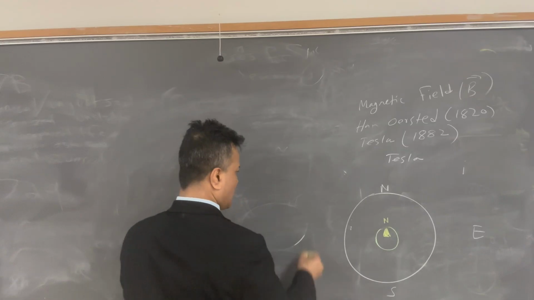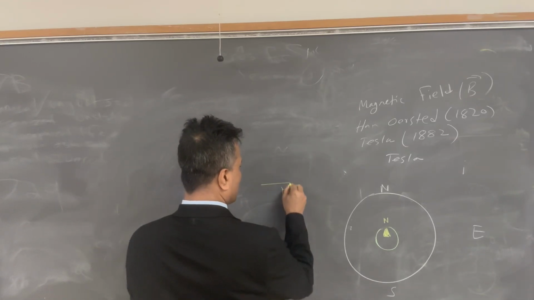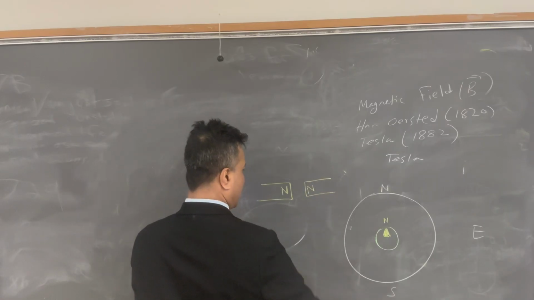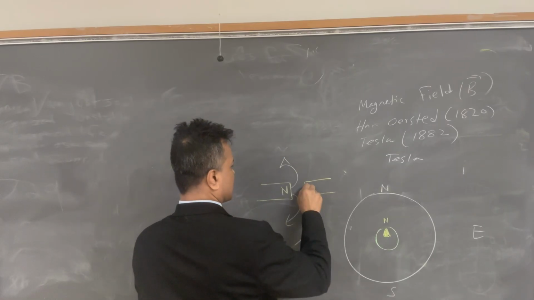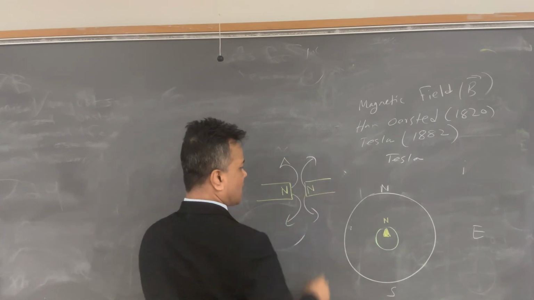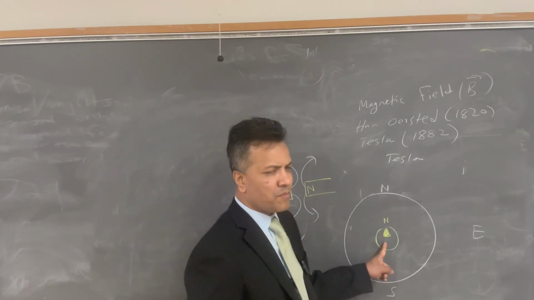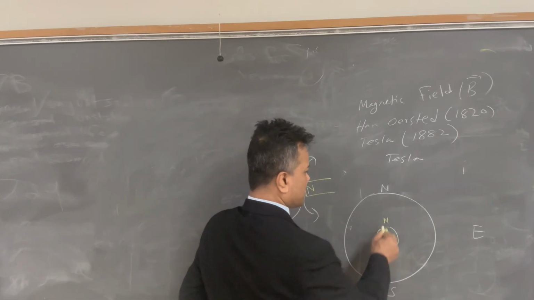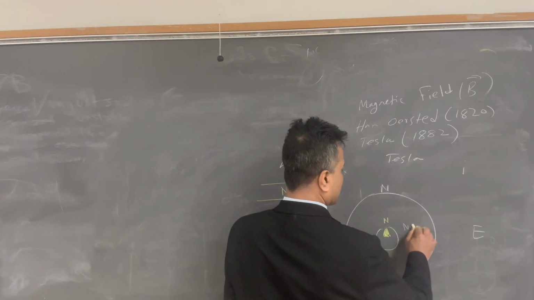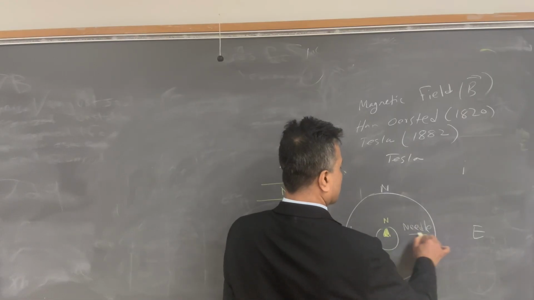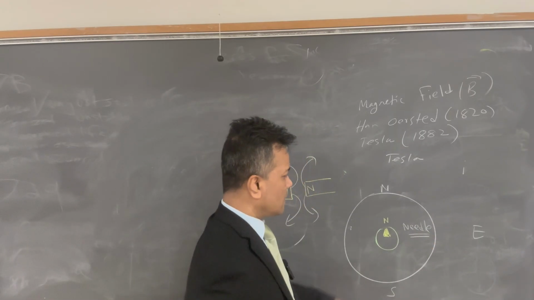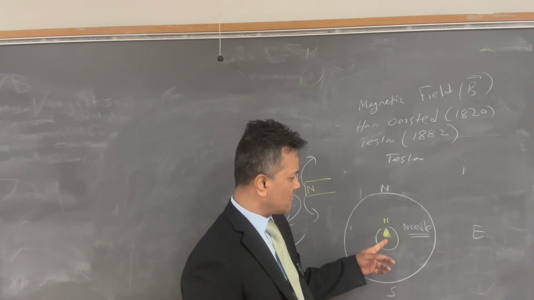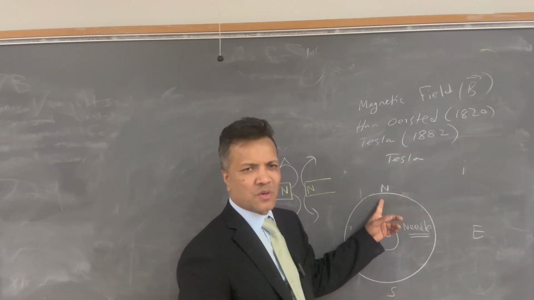Now, a few minutes ago, you remember I showed you the North Poles repel. They do not attract. So why the compass needle, which is north because it's red? I don't have red color, so I'm using yellow. So it is pointing toward the north.